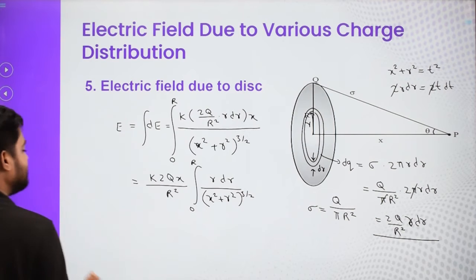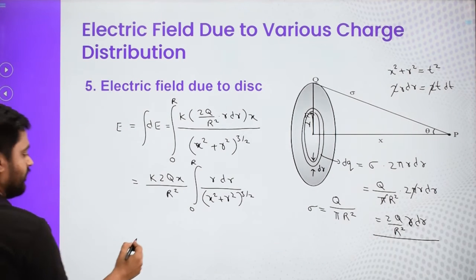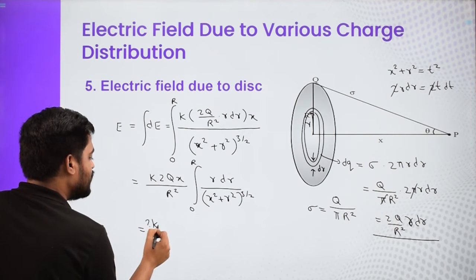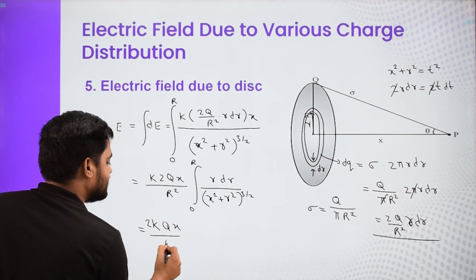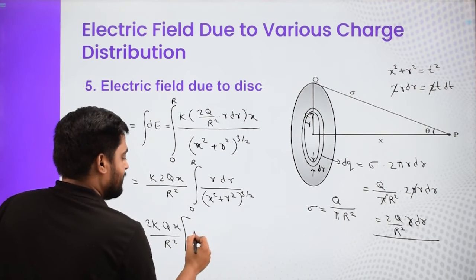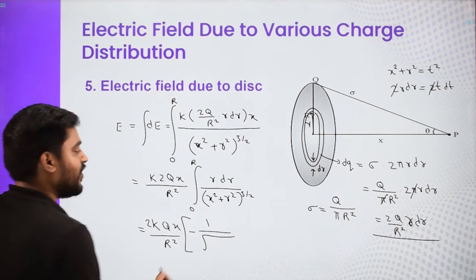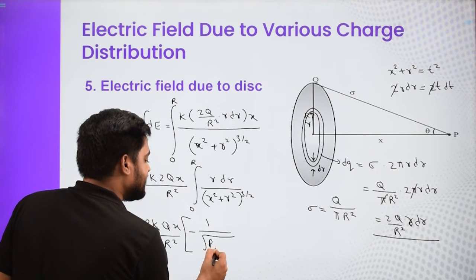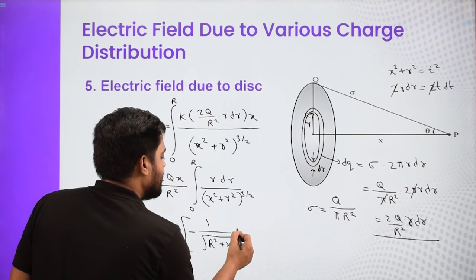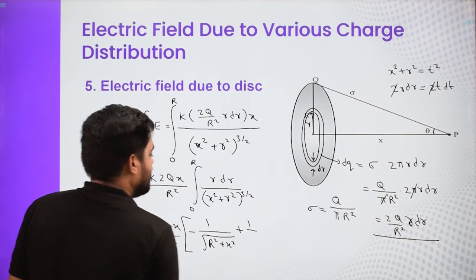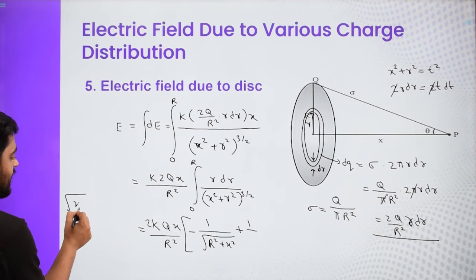So the integration is k 2Qx by R square times minus 1 by root over r square plus x square. What is the first? The first is capital R square plus x square, minus, plus 1 by root over x square plus 0 square, that is simply x.